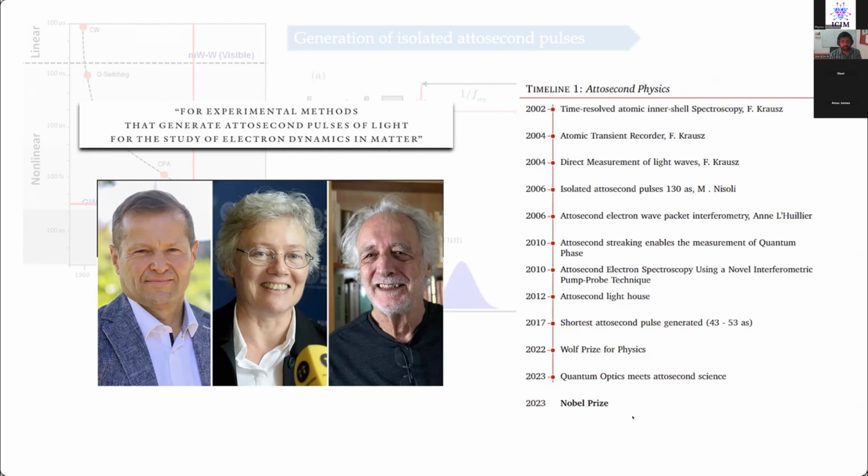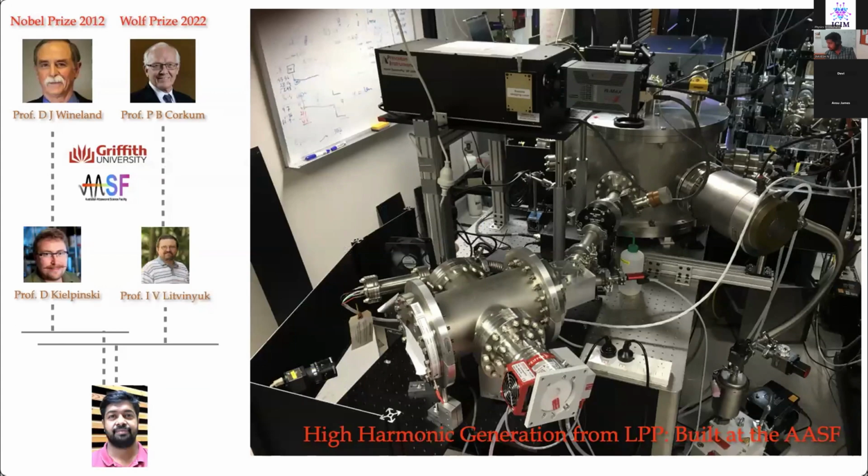So in 2023, they received Nobel Prize. Now, what is my role here? I am fortunate to work with different people like Professor Weiner, who is a Nobel laureate in 2012, and the first author of the paper for which he got the Nobel Prize, Professor David Kilpinski.